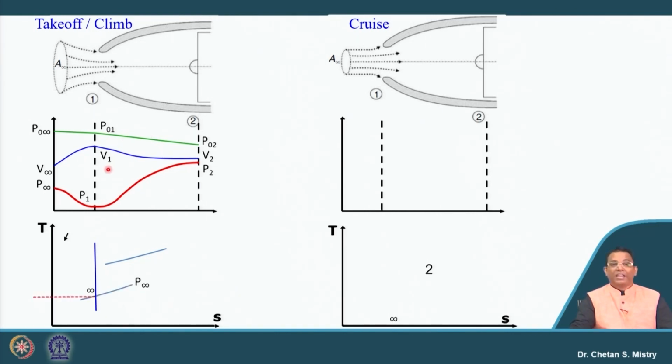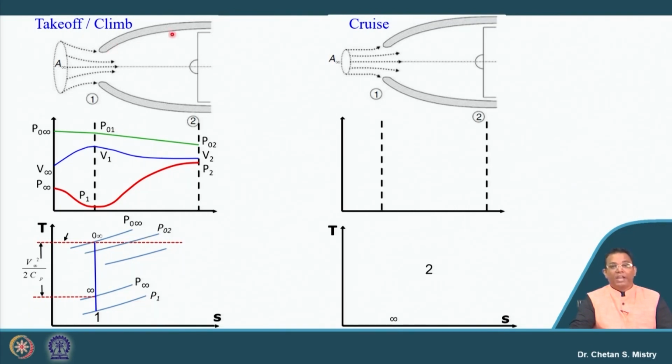We can represent that on a T-S diagram. This represents my P infinity, my entry static pressure. If I add V infinity squared by 2 Cp, that gives me P0 infinity. Just realize this part. Somewhere here I have a drop of pressure, which is why I put this downside; it is my P1 pressure.